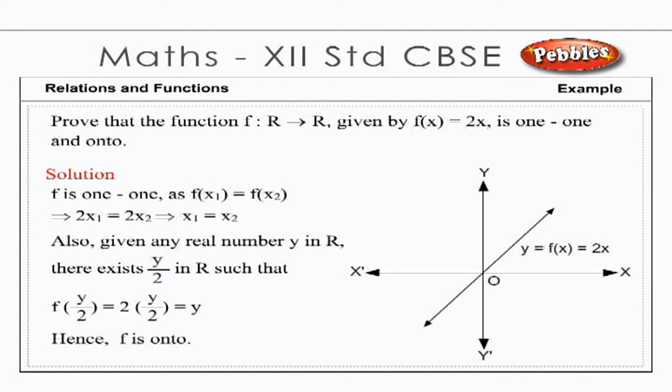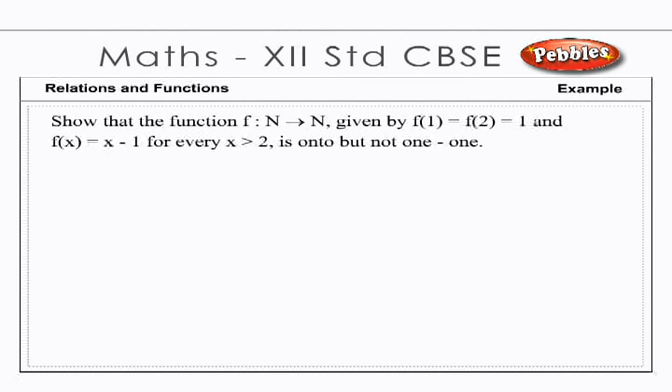Also, given any real number y in R, there exists y/2 in R such that f(y/2) = 2 · (y/2) = y. Hence, f is onto.